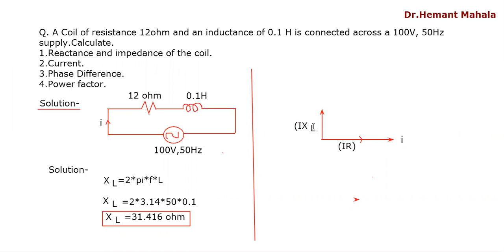Okay, here it is simple. Now by law of parallelogram, or we can say resultant, we will draw a line parallel to this, and one line parallel to IR.